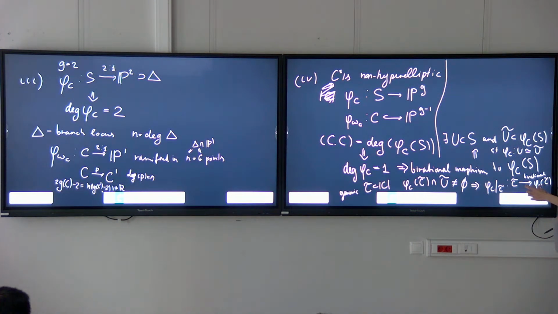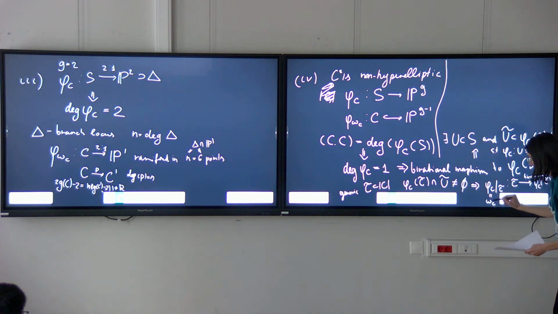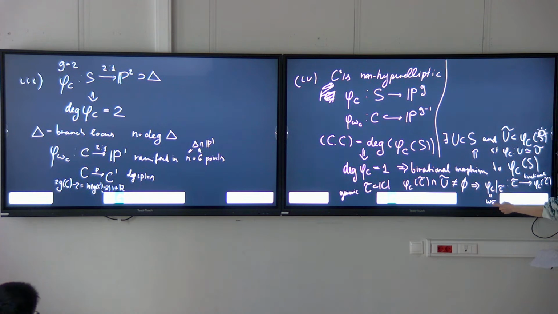So this is birational. And we know that this restriction is equal to omega, just using the same argument as in the second statement. We know that this restriction is the canonical bundle on C tilde. So we know that C tilde maps by its canonical bundle birationally to its image.